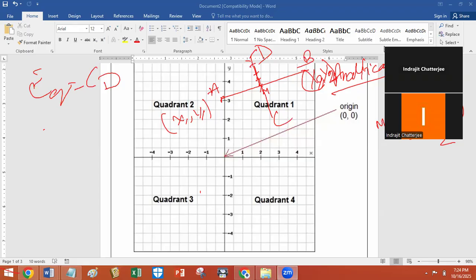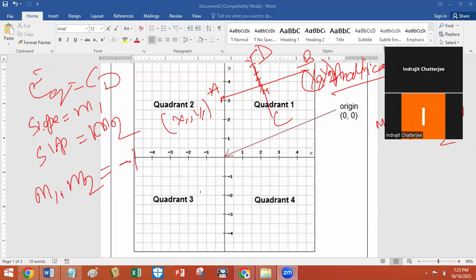In other words, let's say that the slope of AB is M1 and the slope of CD is M2. Then M1 times M2 is equal to -1. And that formula is going to help us.